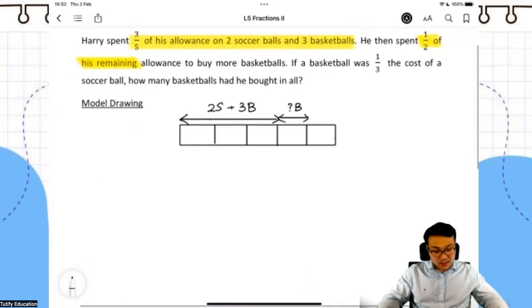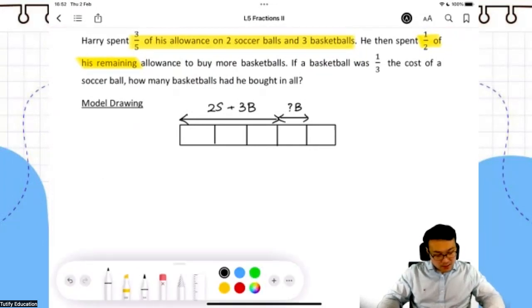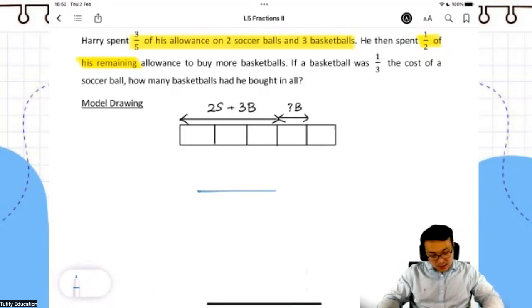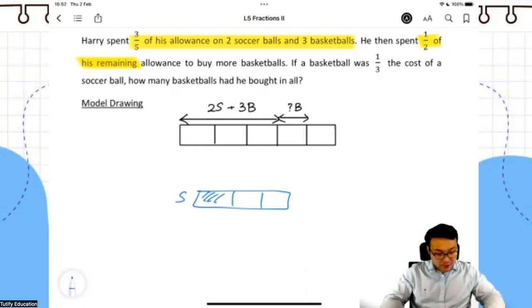So next, they say that a basketball is 1/3 the cost of a soccer ball. Okay, so how am I going to represent this in a model? Let's say this is a soccer ball. That means the basketball is 1/3, 1 out of 3, which is 1 unit. Actually, the soccer ball is more expensive, 3 times more expensive, right?